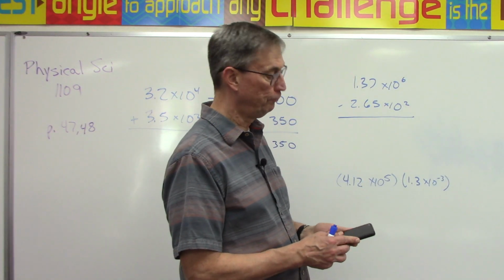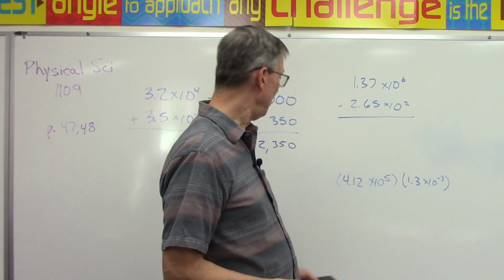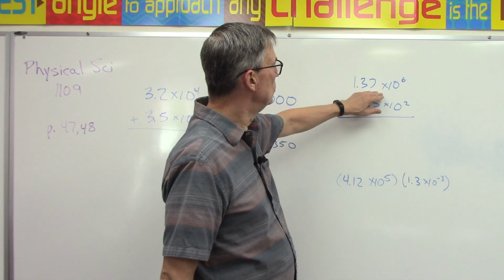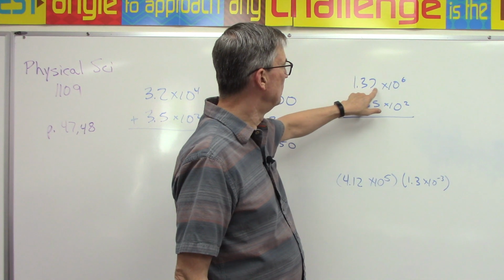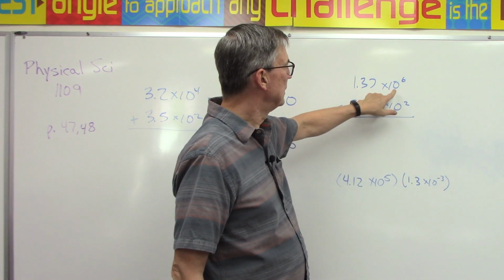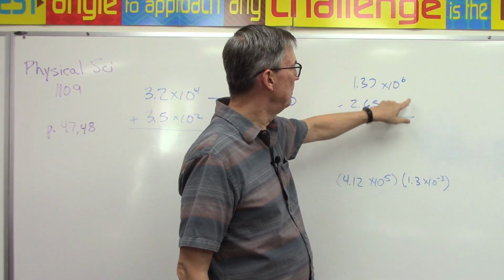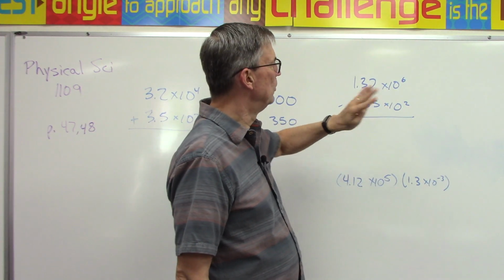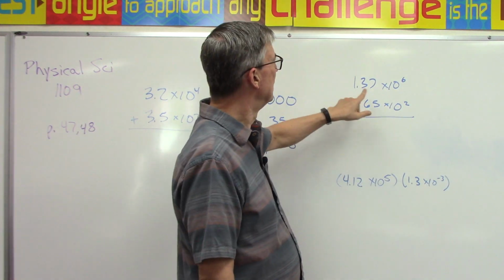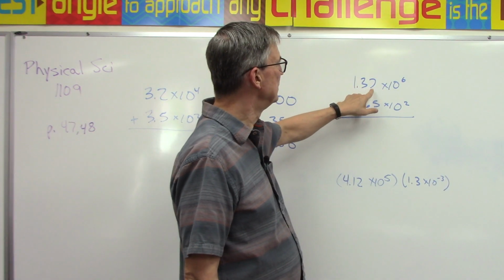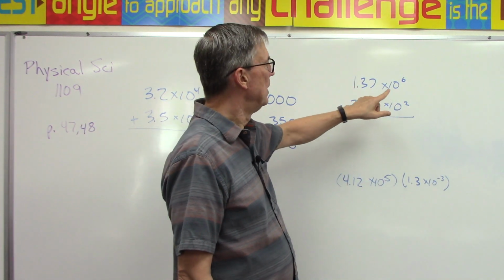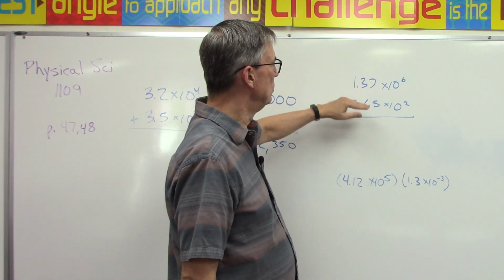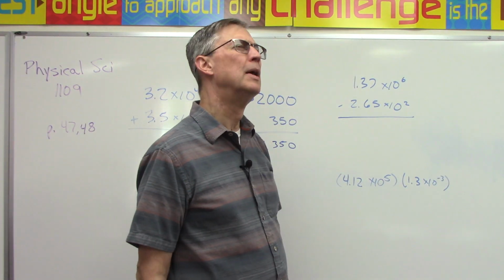We could do that. Another method they talk about in the PACE is to move the decimal so that this exponent ends up being the same as this one. So you have to move it 4 places, and it'd be 13700, and then times 10 to the 2nd. And then you could take those two numbers and subtract them.